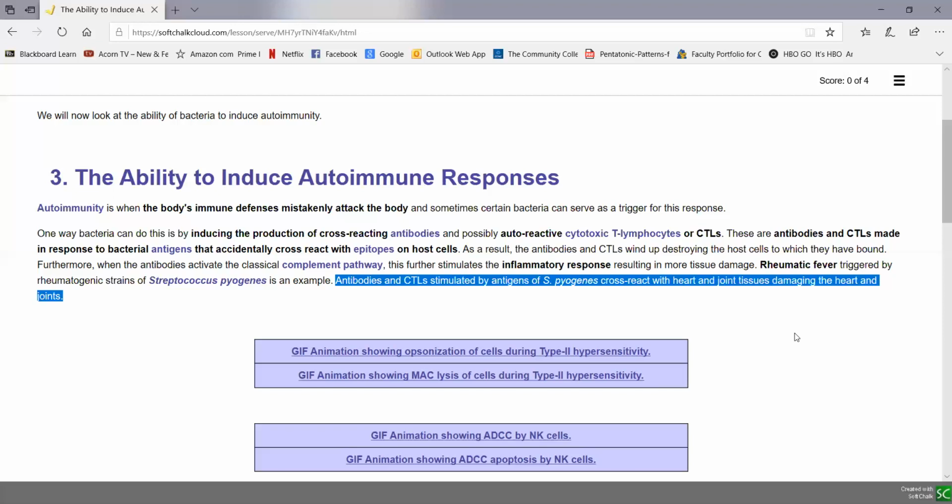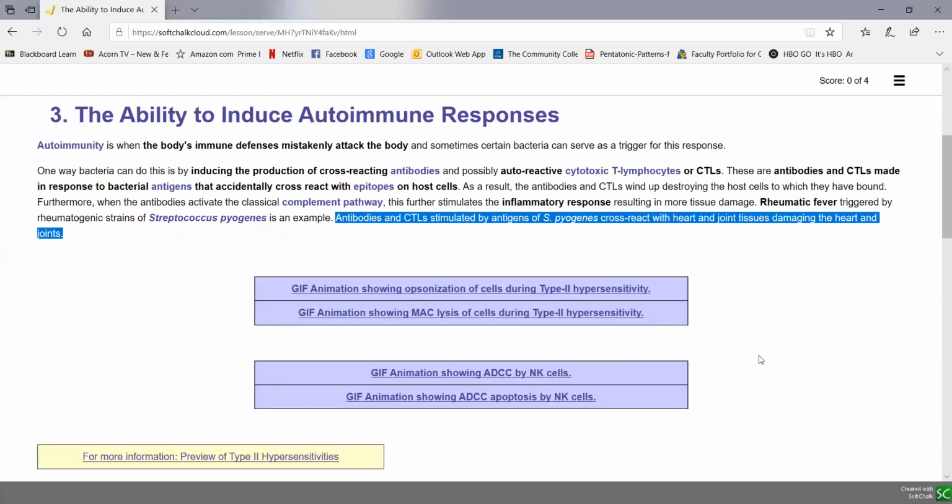So the mechanisms by which the cross-reacting antibodies and cytotoxic T lymphocytes damage host cells are the same mechanisms they would use to destroy bacteria or tumor cells or virus-infected cells.